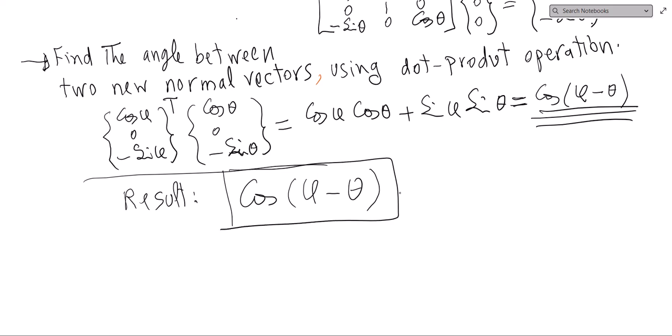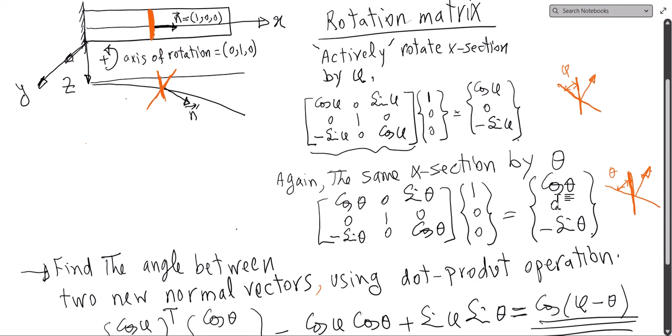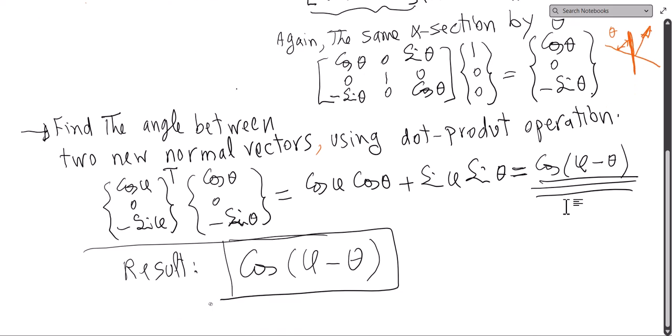This is the angle, because these two vectors are unit vectors, because their magnitude is 1, and therefore when I use the dot product, I will get the magnitude, which is 1, and then times the cosine of these two. So this is the angle.